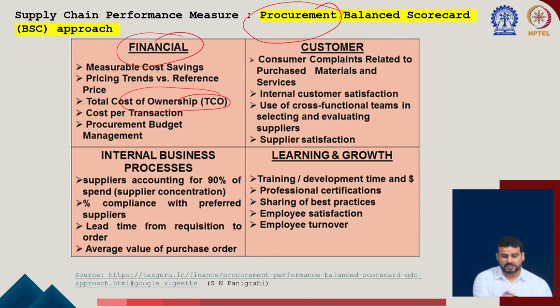Total cost of ownership you are calculating, it's not only the raw material cost. So how he is delivering, storing in between, that cost is also there. What is the cost per unit or per transaction you can calculate, and what was the procurement budget, and whether you are hitting that budget as per the planned budget, or you exceeded, or you managed within under that budget, right? So that means you are performing better.